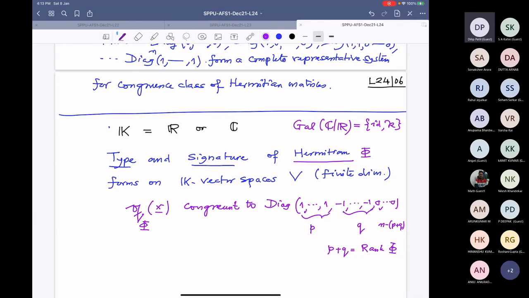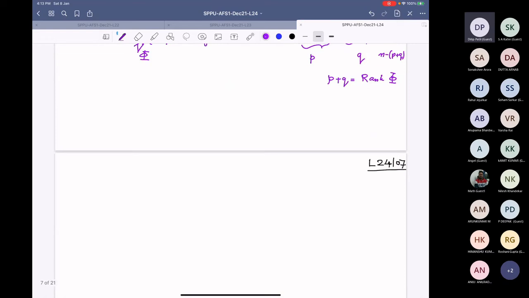So non-degenerate means P plus Q is the whole n. All right, so therefore I make the following definition.